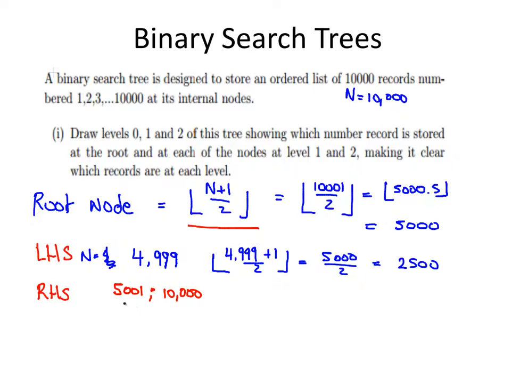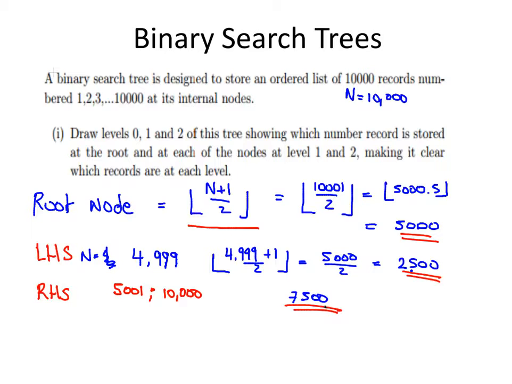So the root node is 7,500. Essentially all you have to do is add the number of the node above it to find the corresponding node on the right hand side subtree. So that's 5,000, 2,500 and 7,500.